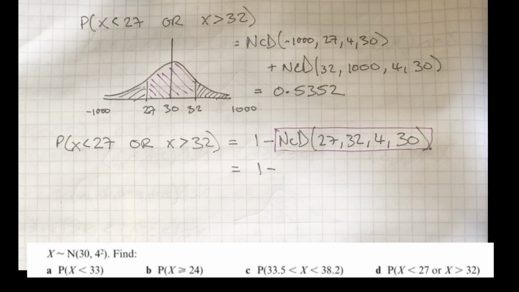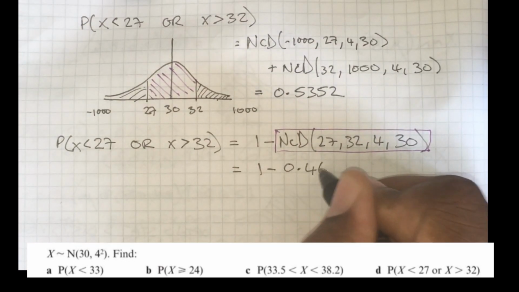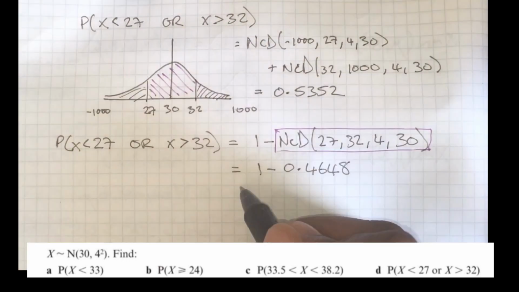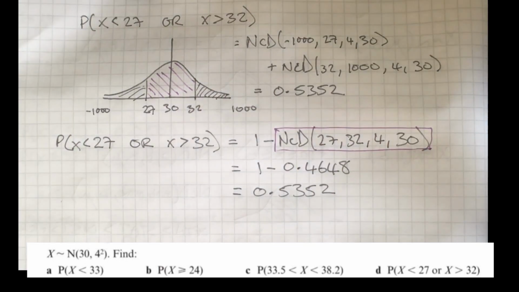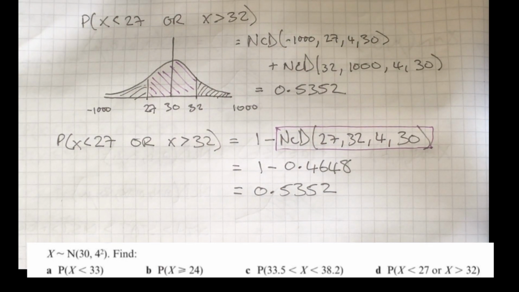And I keep emphasizing this because I know that the harder exam questions really rely on students who can model the situation well, and the diagram is actually your first step of being able to model and represent exactly what's happening in front of you. If we do our 1 minus, we do end up with exactly the same answer the second way round.